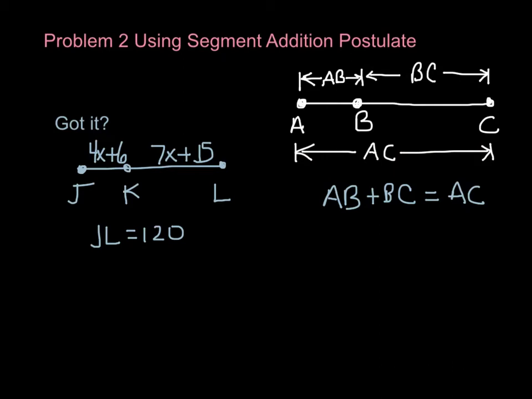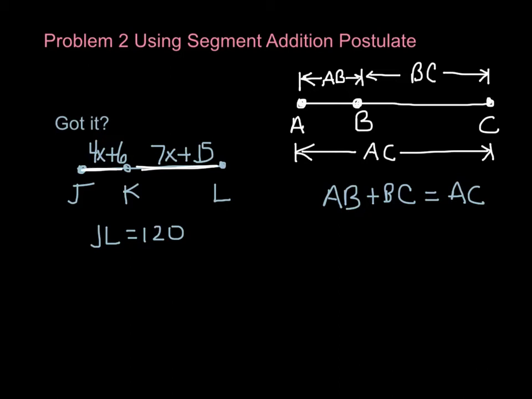So here's the got it. In the diagram, JL, which means the distance or the length of JL, is 120. We want to know what JK and KL would be. Because you have variables and you have expressions, you're going to write yourself an equation. We know that 4x plus 6 and 7x plus 15 are represented in that picture.